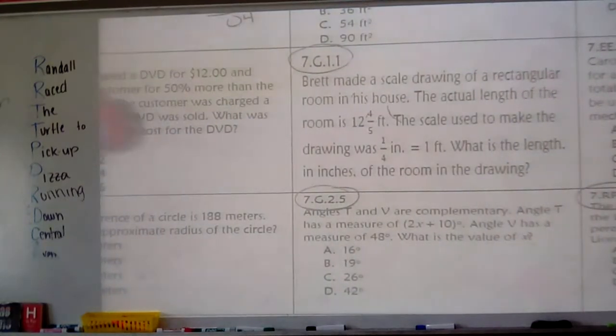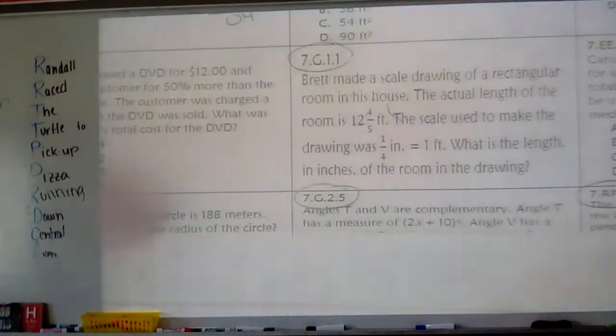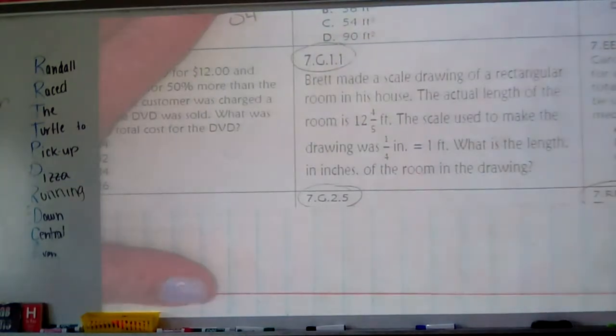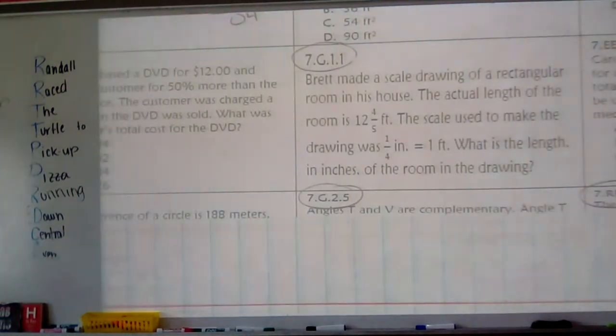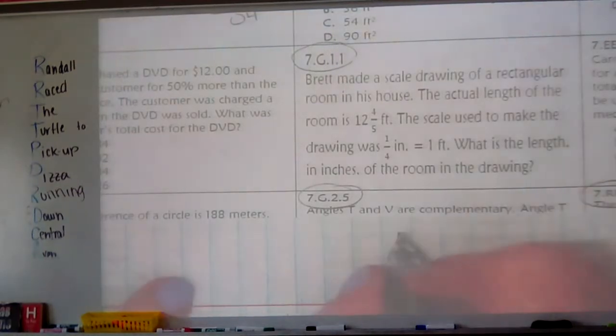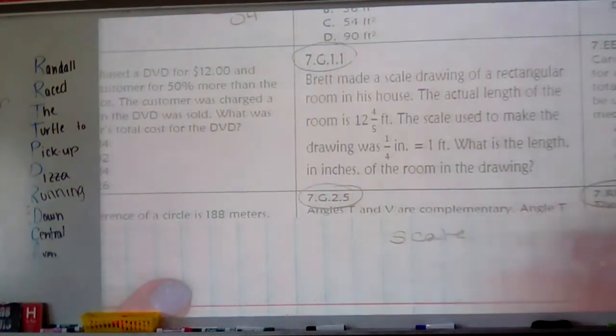So Brett made a scale drawing, and the actual length of the room is 12 4/5 feet. The scale used to make the drawing was 1/4 of an inch to 1 foot. I'm just writing the ratio of my scale.